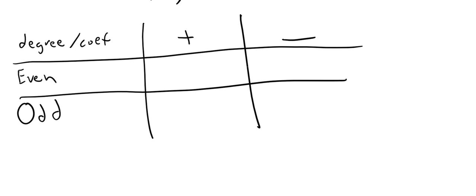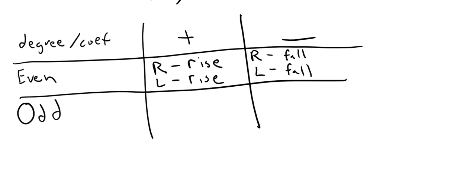I'm going to do quick abbreviations because we've already gone over this. So for even, if it's a positive coefficient in the front, on the right side, we're going to rise. And on the left side, we're going to rise. And notice that if we switch it to a negative coefficient, everything just changes. Instead of rising, we're going to fall on the right side, and same thing here, we're going to fall. And this is going to be a common pattern.